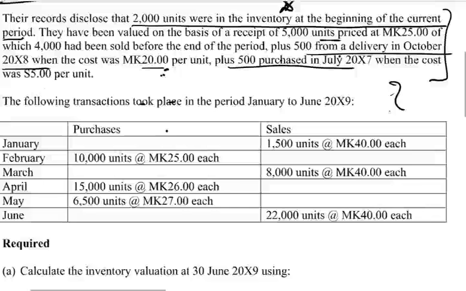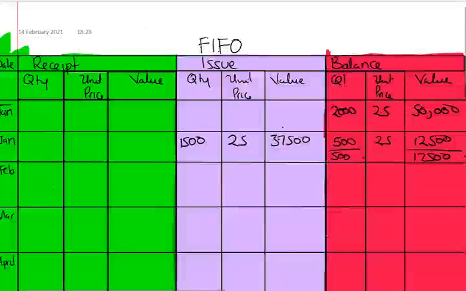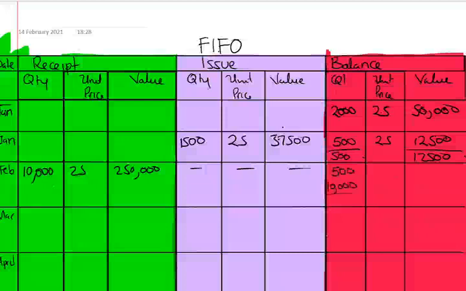In February, they actually came a consignment of 10,000 units, valuing at 25. So we're saying in February, 10,000 units, a consignment at 25, and the value is 250,000. No issue on the same February. That means in our balance, there's this 500, and the new 10,000. Meaning the total is 10,500. This one is being valued at 25.